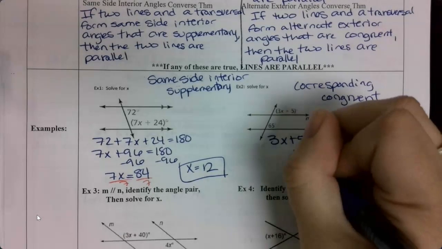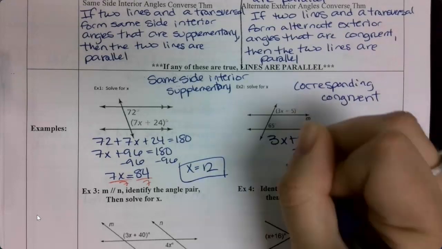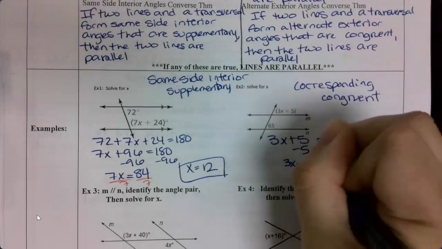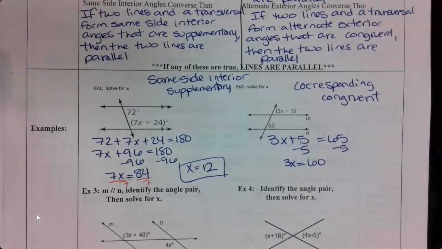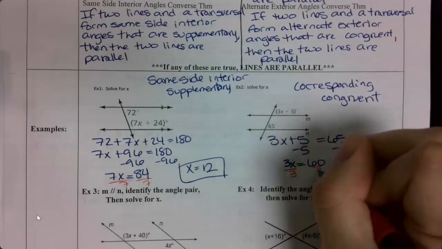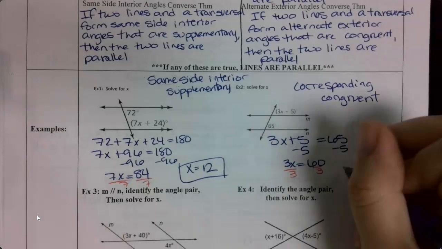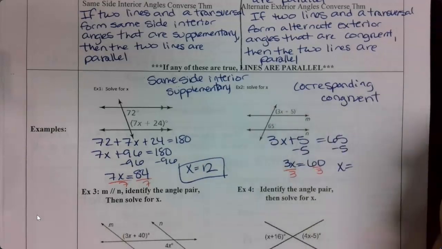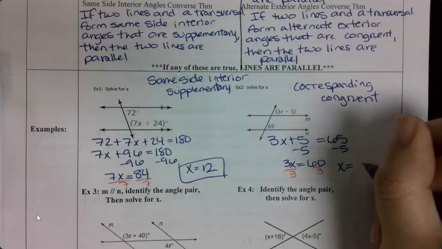And then I want to subtract 5 on both sides. Then to get x alone, I divide both sides by 3. X is 20.